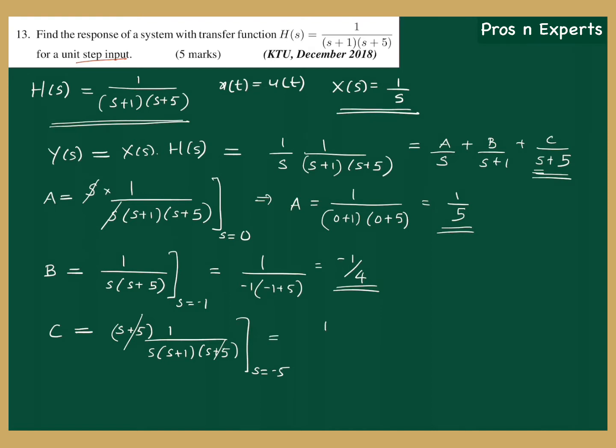So this is 1 by (minus 5) into (minus 5 plus 1). So this becomes 1 by 20. Is that right? Right. So we got A as 1 by 5, B as minus 1 by 4, and C as 1 by 20.